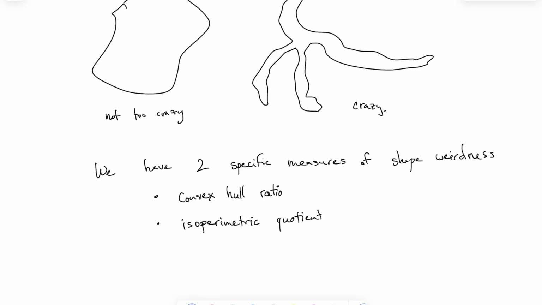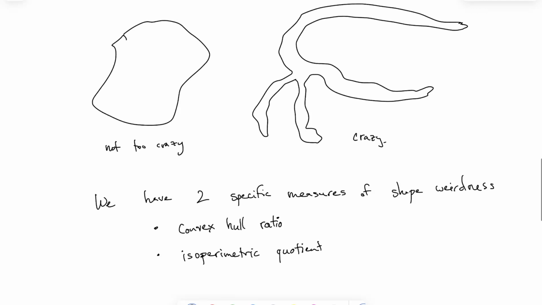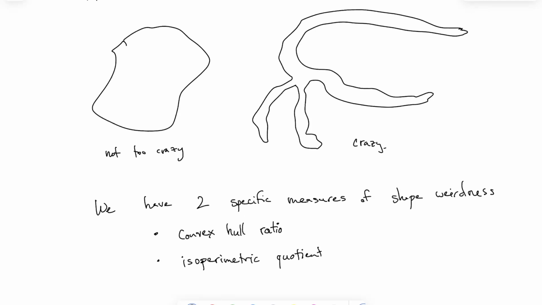And both of these things are numbers. So on our test or on your homework, I could actually give you these two shapes and say, tell me what is the convex hull ratio of the one on the left versus the convex hull ratio of the one on the right. And you get numbers, and the numbers are arranged so that a big number means it's good and a small number means it's totally crazy. That's how these ratios work out.